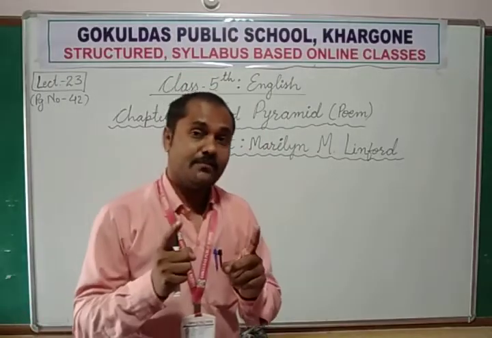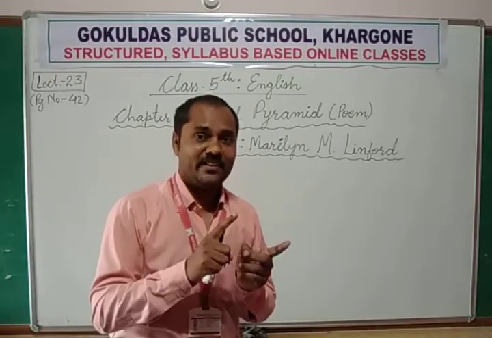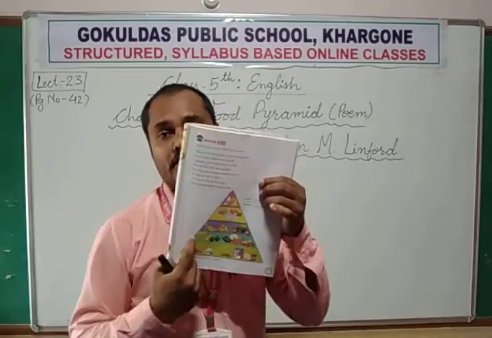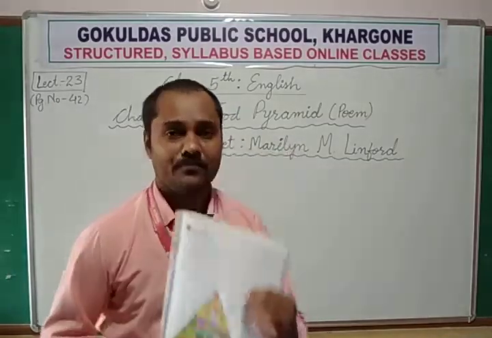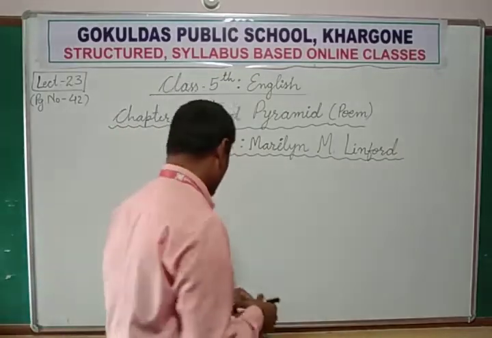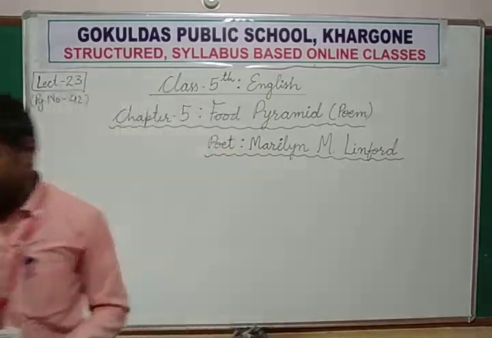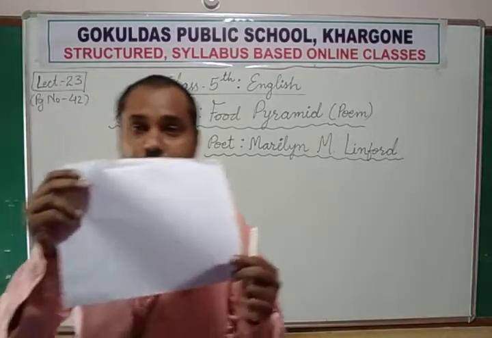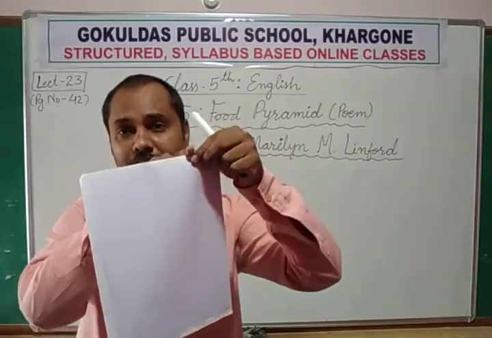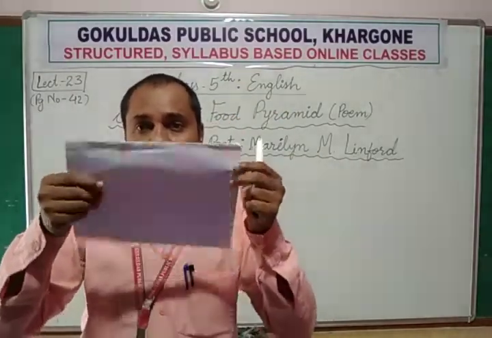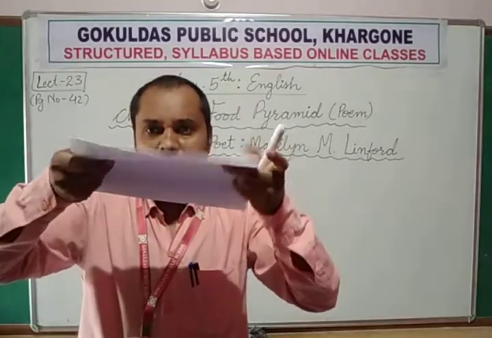Now see, there is a basic difference between a triangle and a pyramid. This structure is called a triangle. What is the difference between a triangle and a pyramid? Suppose I say this is a very thin page, it has width and length, but it doesn't have any height.